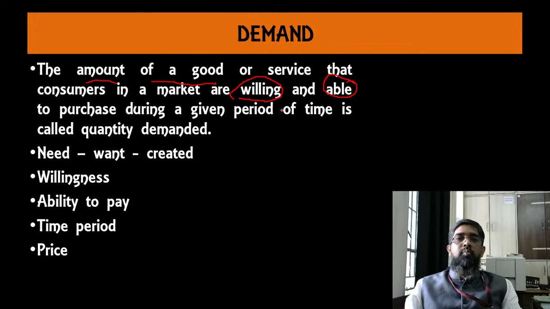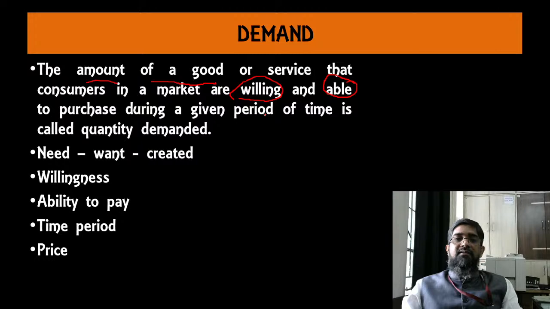Ability is also important, right? You may have the will, the desire, the want of something, but that is not enough for demand. So demand is something which is backed by enough resources and the willingness, right?